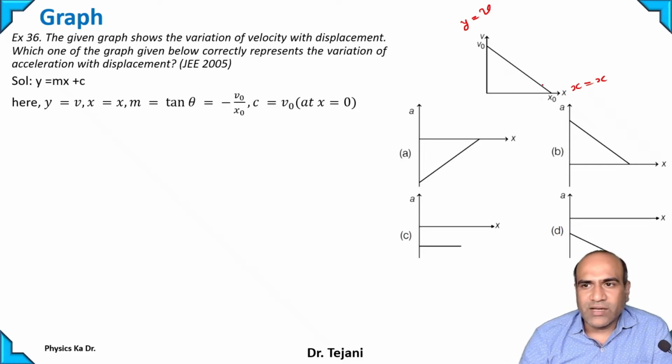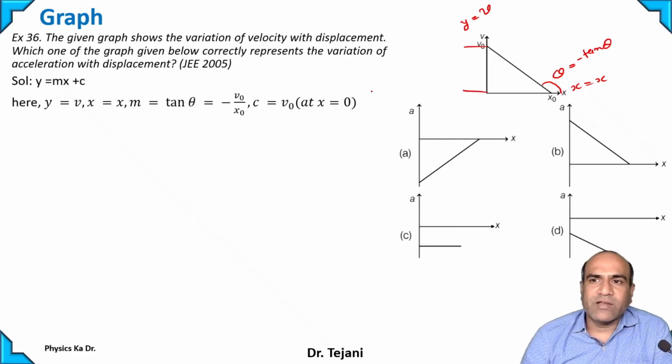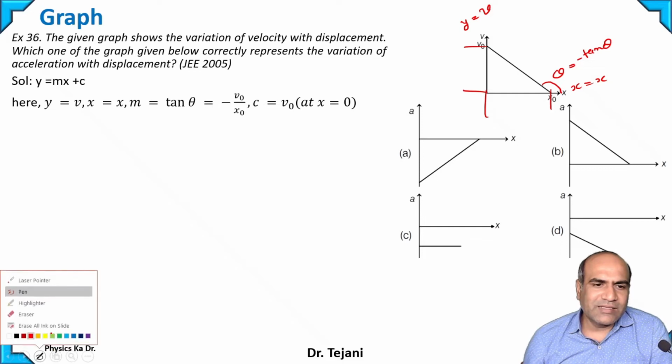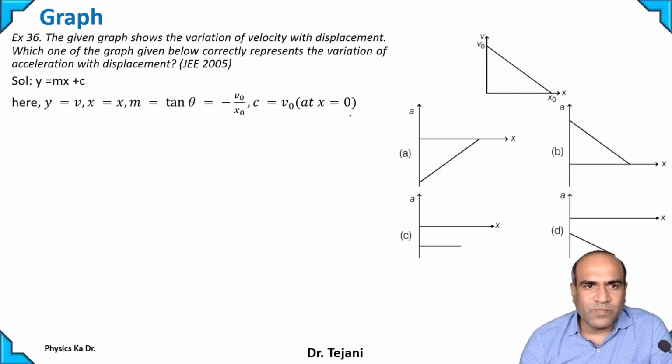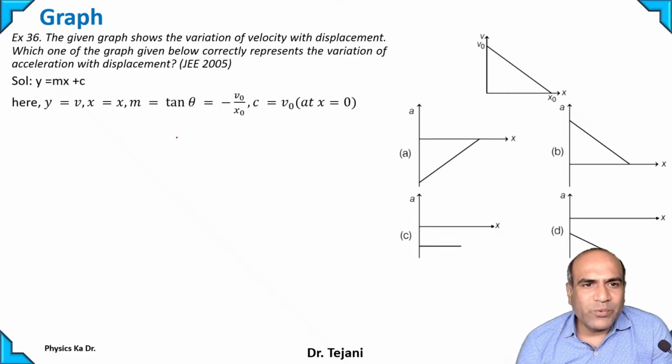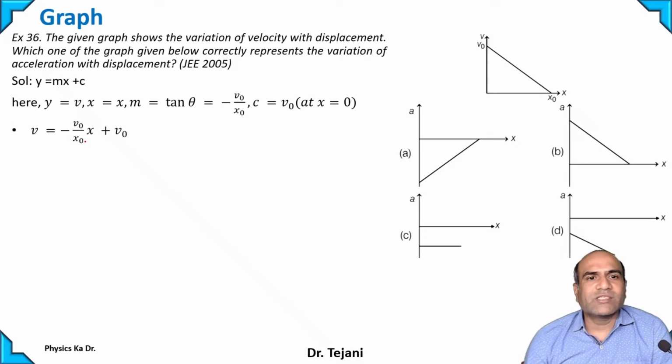This theta is negative, so tan theta is giving negative: the perpendicular side v0 divided by the nearer side x0. And the y intercept, when x is equal to 0, is v0. So we can put here v is equal to minus v0 by x0 times x plus v0.